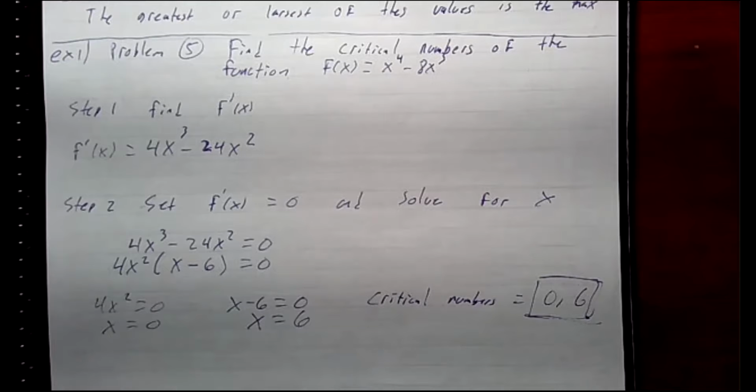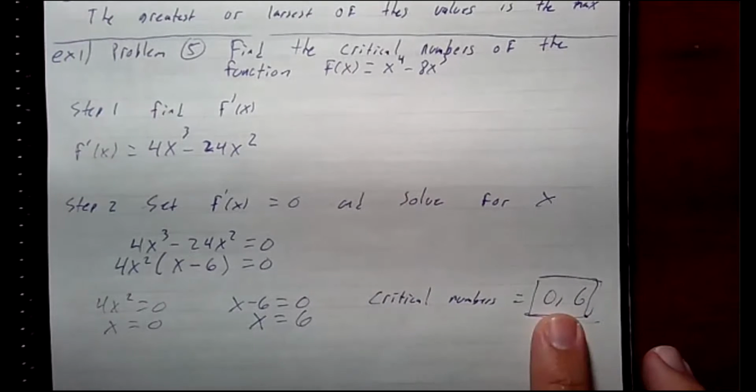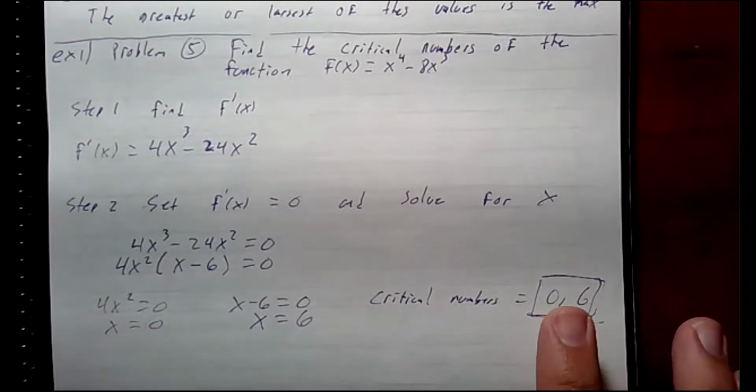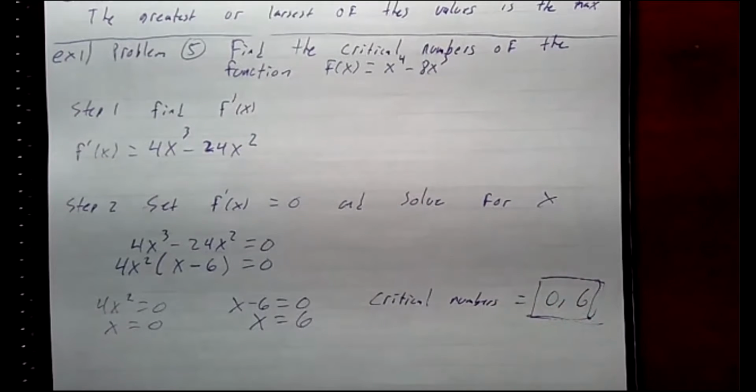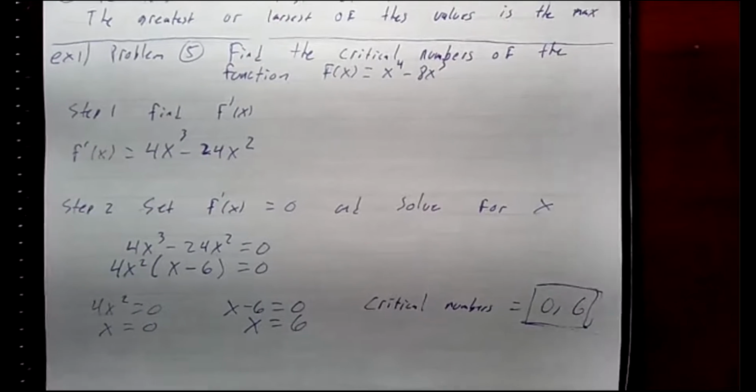Because you said the greatest and the least, or the biggest and the smallest numbers, right? Well, we're going to get to the next example. On this one, all we're doing is finding out what the critical numbers are. Later, on the next example, we're going to use them to do something. All right. Are you there? You guys cool on this page?